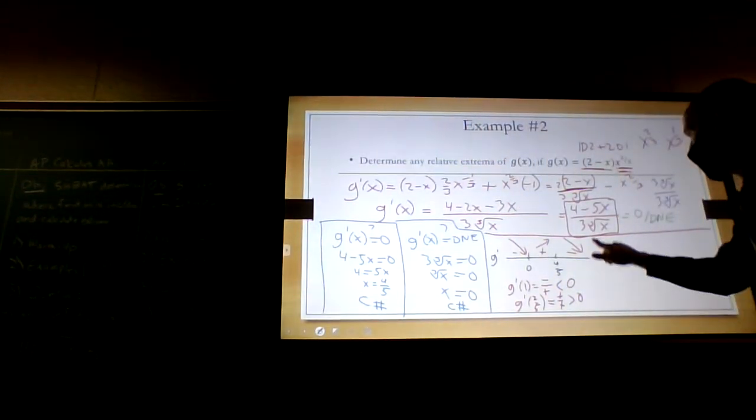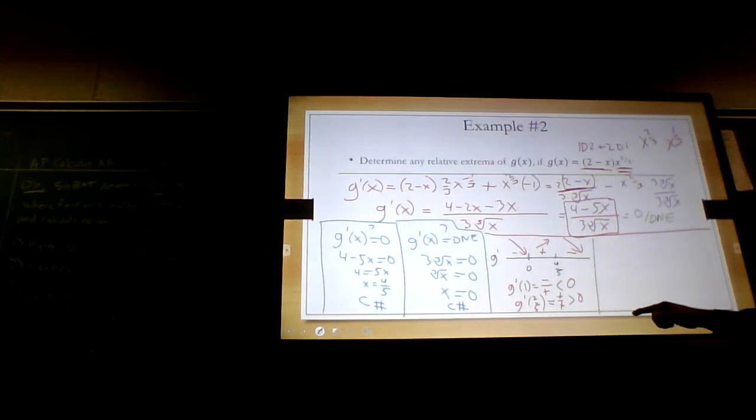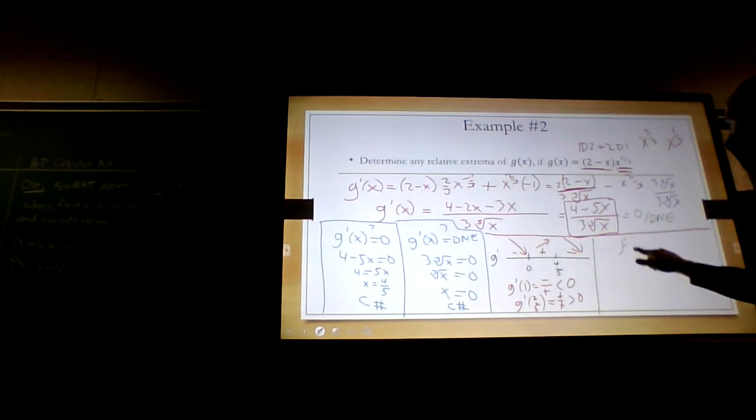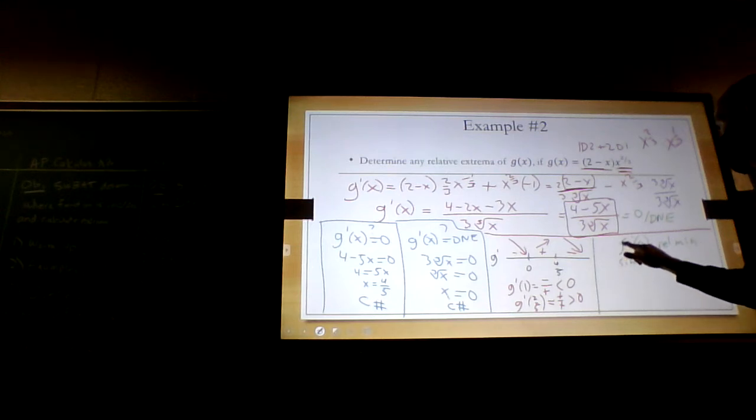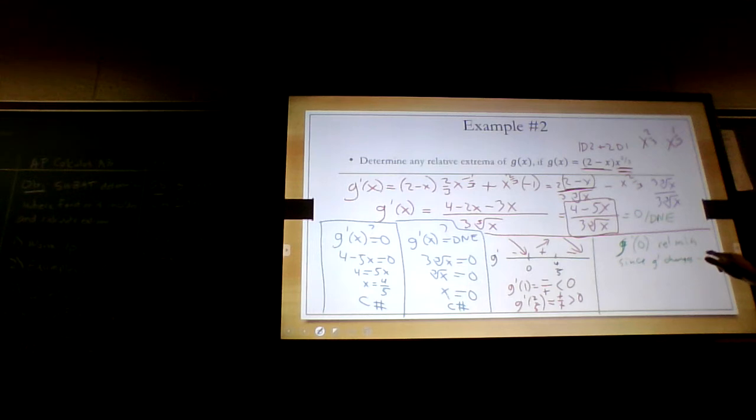So I'm going to say right here, therefore, G prime of, and I think we said 0, is going to be a relative min since G prime changes from negative to positive. I'm going to let you write that down. While you're writing that down, once I show you this, it's all going to make sense.